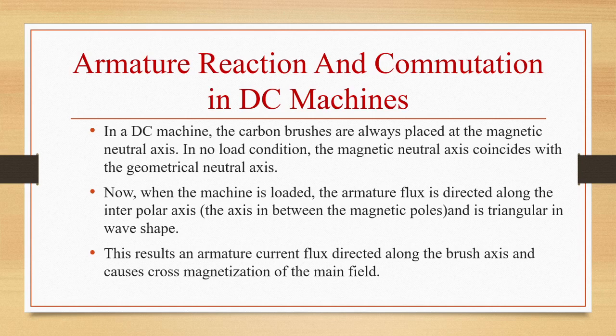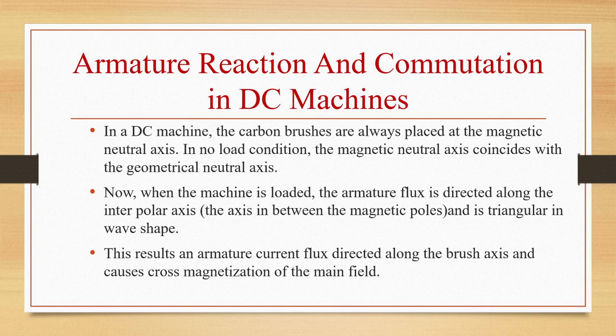So when north and south poles are there, and between these two poles we are placing armature conductors, exactly at the middle the magnetic neutral axis will be placed, and carbon brushes are always placed at this axis. Whenever we are not applying any load, this magnetic neutral axis will coincide with the geometric neutral axis. So both these axes will be coinciding whenever we are not applying any load.